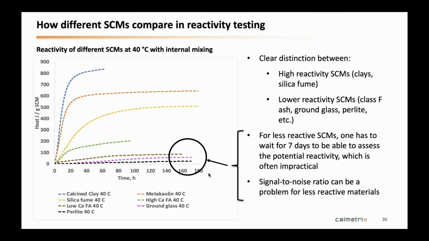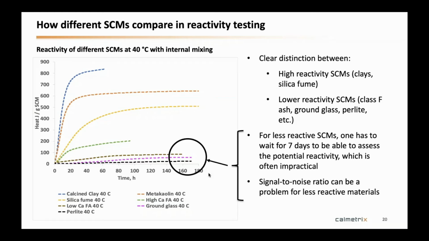If you look after 60 hours, for example, distinguishing between the ground glass and the perlite is difficult, even after 72 hours. And there's always a lingering doubt when you have low signals like that: how much of that is actually noise? The slightest error in calibration, or the slightest noise level because the reference was not right, or something that wasn't totally perfect, you could get results that are a little wrong. So you would want more signal to noise ratio for sure.